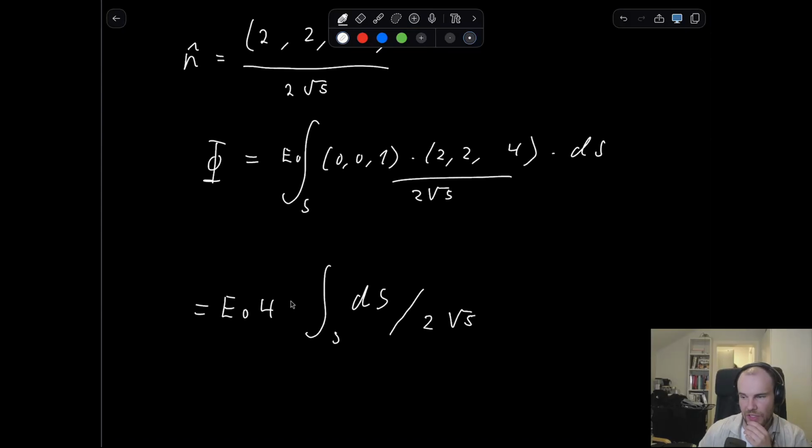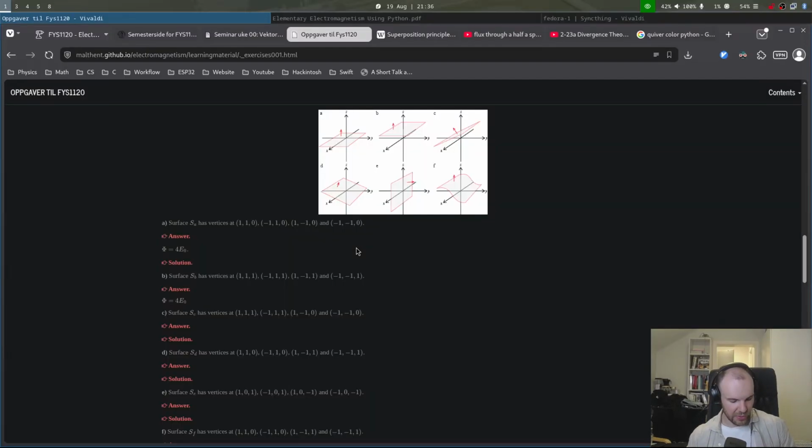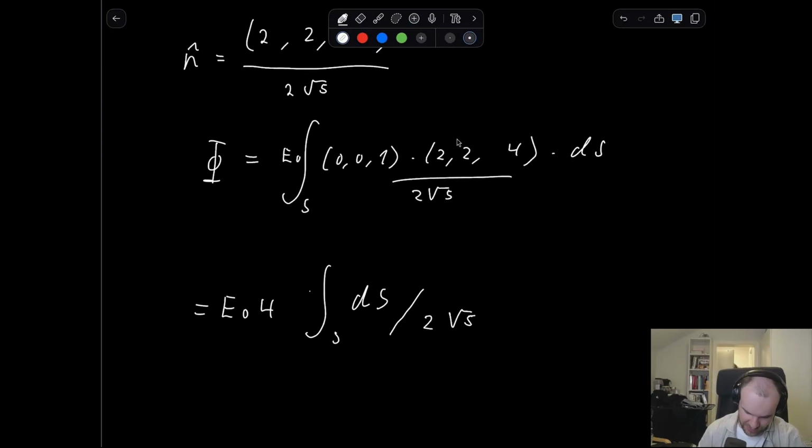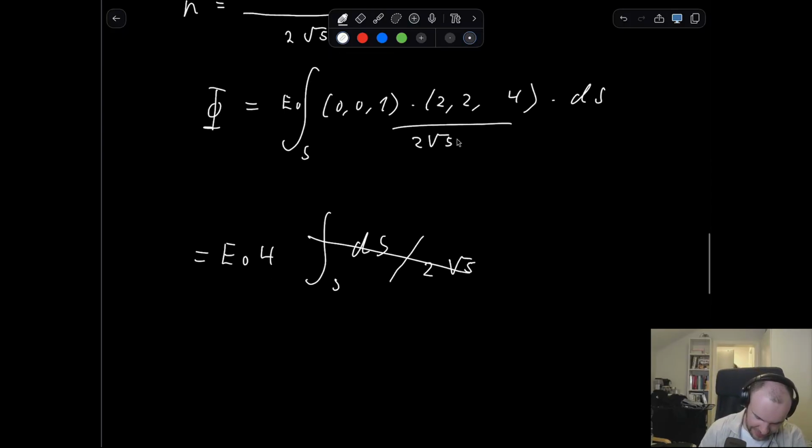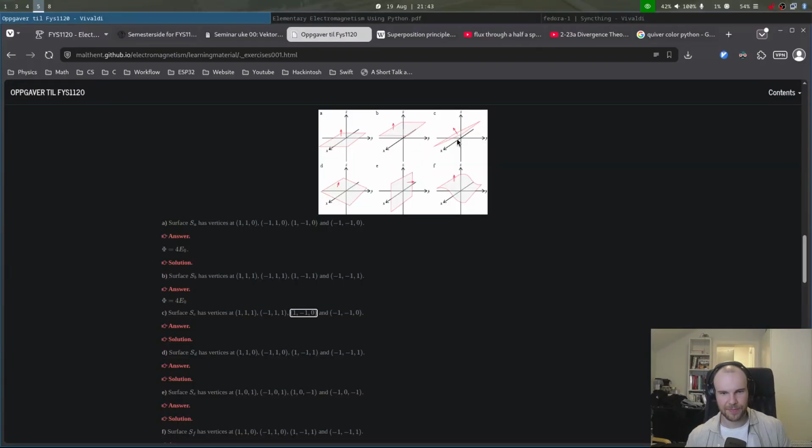Now it turns out that this, what we looked at earlier, is not the same size as those. The size of this guy is actually 2 times the square root of 5. So this goes away and we get the exact same answer. Very neat.